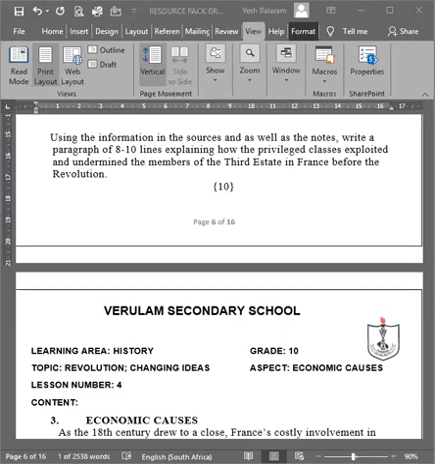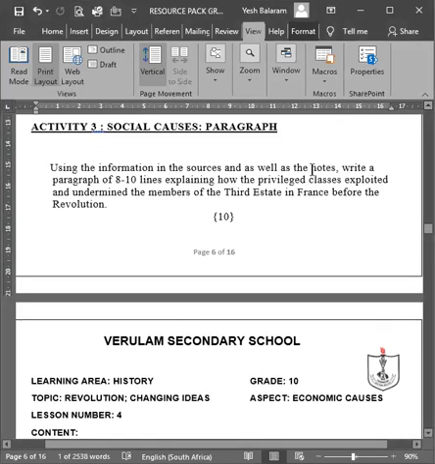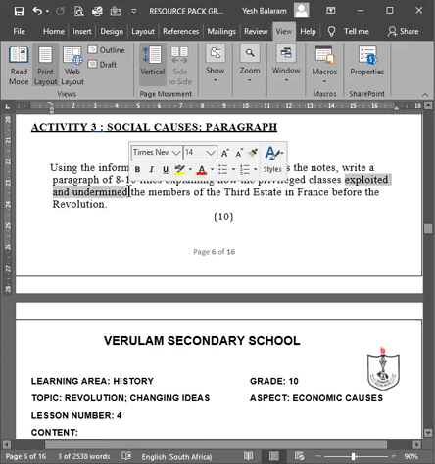So your paragraph will refer mainly to the grievances or the complaints of the peasant class in France before the revolution started. Because if you look at this here, the word exploited and undermined, and of the three groups referred to, the middle, working class, and peasants, it was the peasants who lived on the land of the nobles that were most taken advantage of.